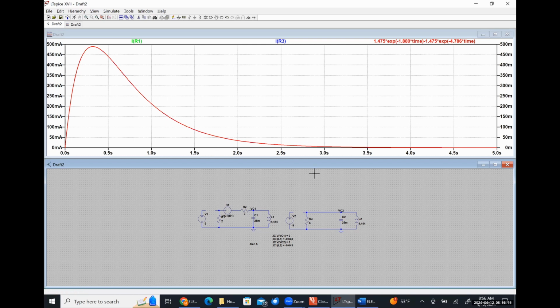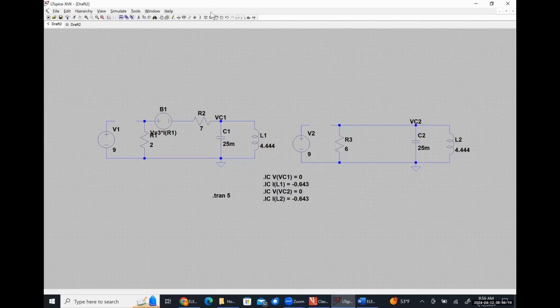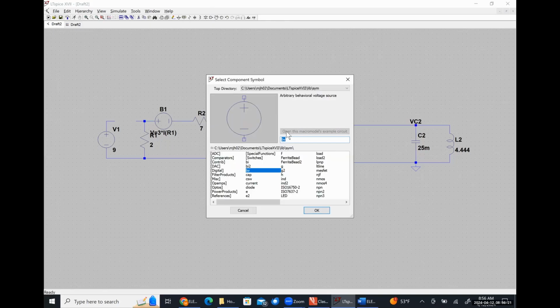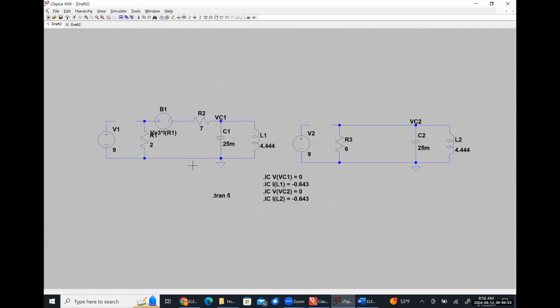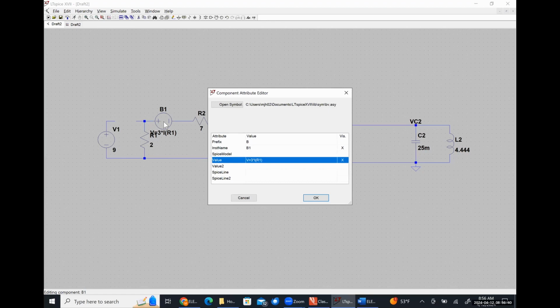Sure. So let me maximize this thing. Just for sake here, I used BV, which is a behavioral voltage source. If you ever have a behavioral current source or dependent current source, that's just BI. It works the exact same way. With the behavioral voltage source, I have my cursor over it, I right click and it brings up the component attribute editor.